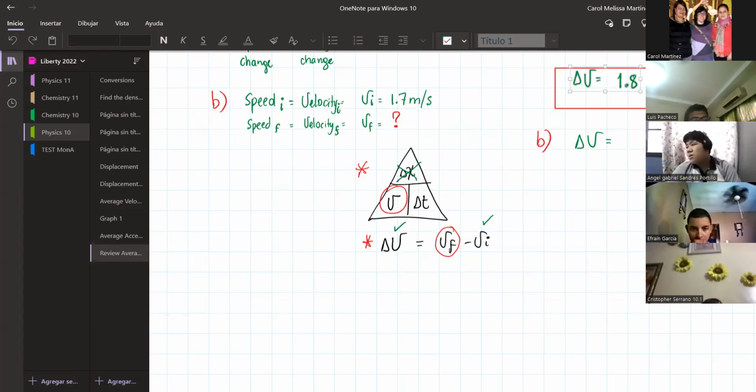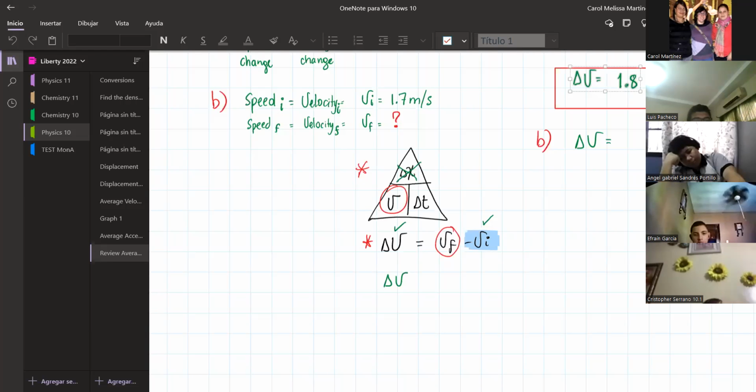In this case, it is the main definition of change in velocity. Change in velocity is equal to VF minus initial velocity. So we say delta V. If I want to isolate VF, I need to remove this part of the equation that is subtracting, and send it to the other side of the equation to make an addition.